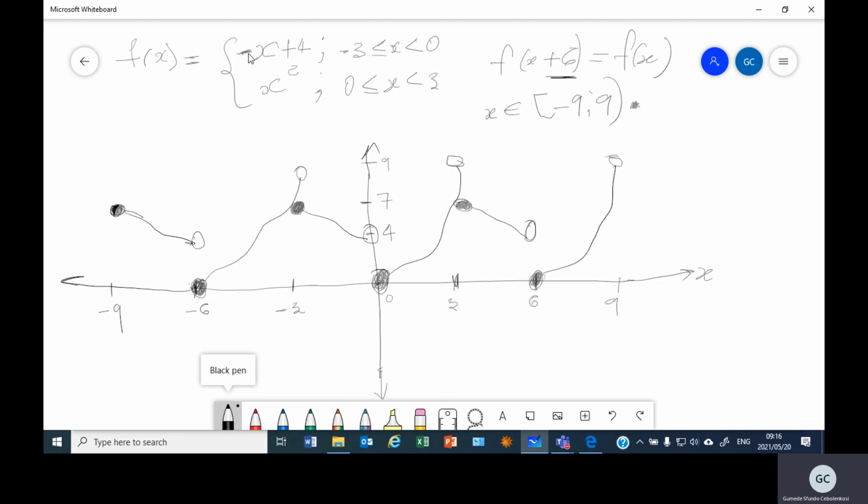So it means you've got a function f of x. You extend it according to the period that is given, which is 6. You extend it from -9 up until 9. I think that is straightforward. So what we can do is try and redo this for yourselves and see if you understand this.